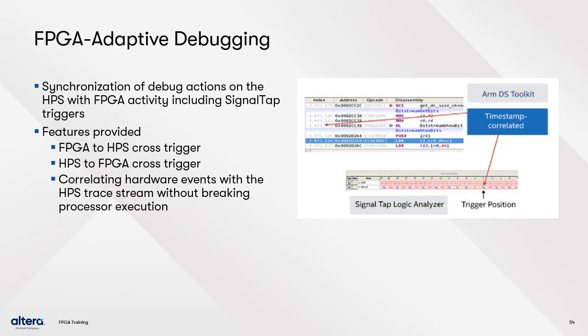directly in the debugger. You'll be able to cross-trigger from FPGA to HPS, which means a hardware signal or Signal Tap logic analyzer can trigger out and break HPS execution. Or you can perform HPS to FPGA cross-trigger where the breaking of code execution in the HPS through breakpoints, for example, will act as an input trigger for the Signal Tap logic analyzer or other hardware signals in the FPGA.